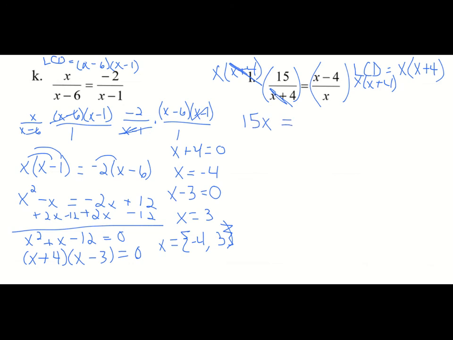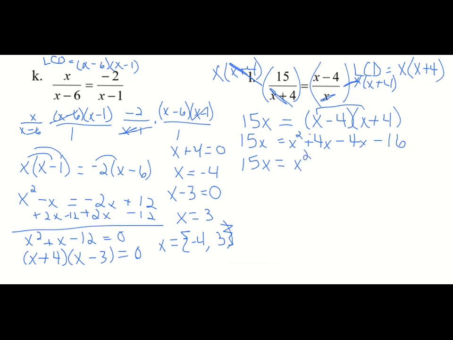On the right-hand side, I get rid of my x's, so it leaves me with x minus 4 times x plus 4. Now remember, when I distribute this, I have to FOIL, so I have 15x is equal to x squared plus 4x minus 4x minus 16, or 15x equals x squared, the middle terms cancel, minus 16.